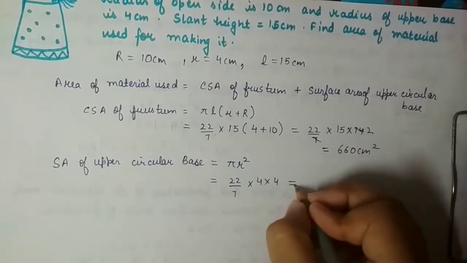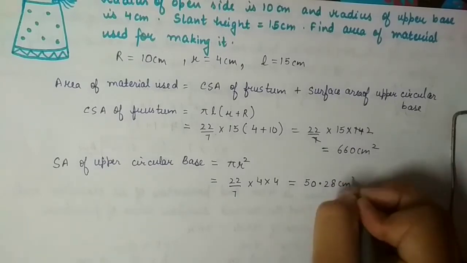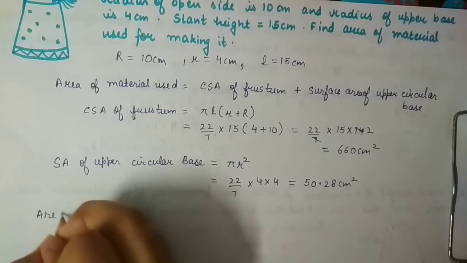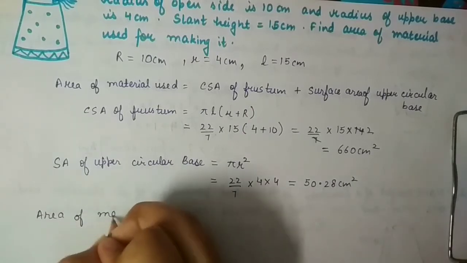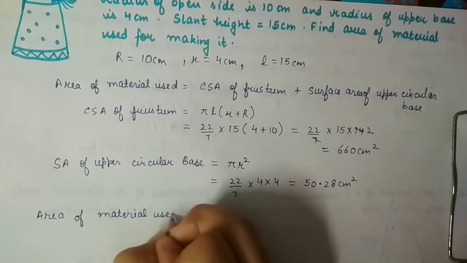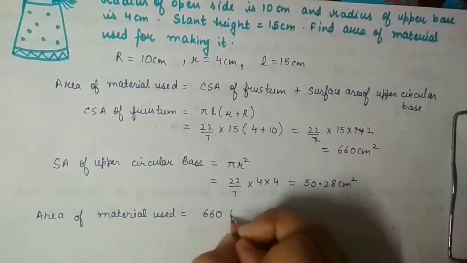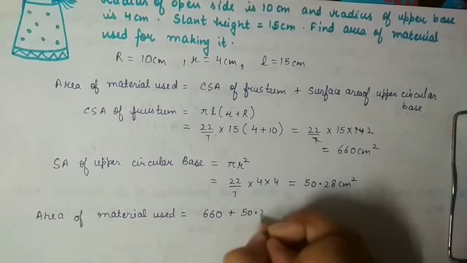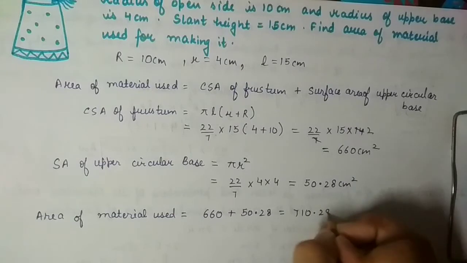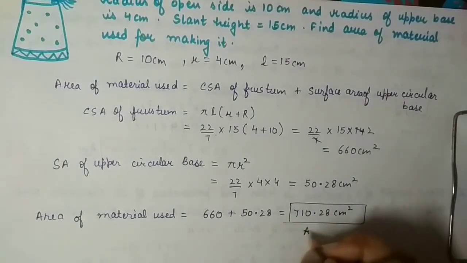Now on solving you will get it equal to 50.28 centimeter square. Now you can find out the area of material used. Area of material used in making the cap is equal to 660 plus 50.28, that is equal to 710.28 centimeters square, and this is the answer.